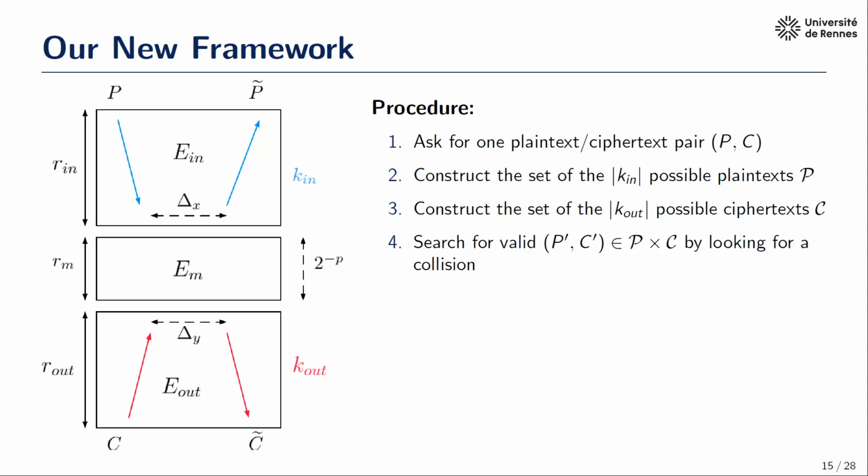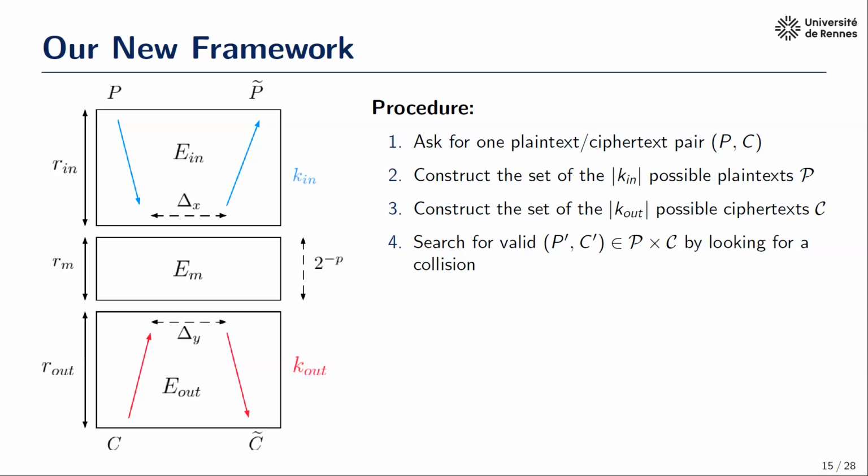So how does it work? Instead of having a lot of pairs and then searching for the right values for K in and K out, we will generate the pairs by looking for collisions.